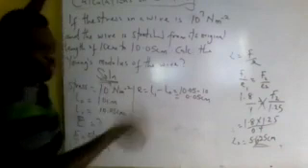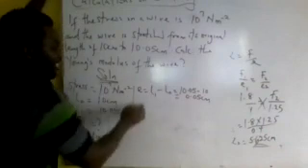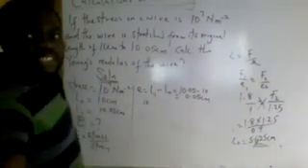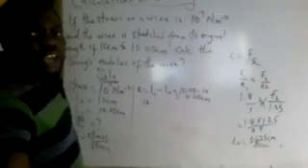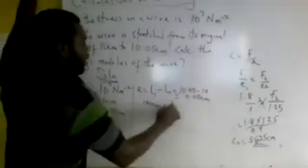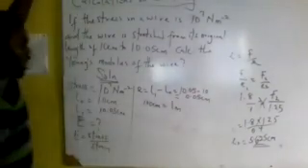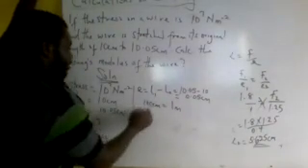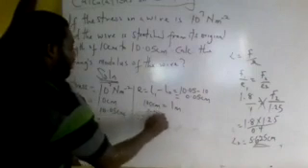So now I need to do my conversion. 100 centimeters is equal to 1 meter. So 0.05 centimeters is equal to x.